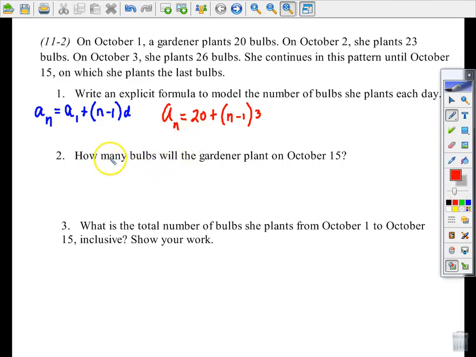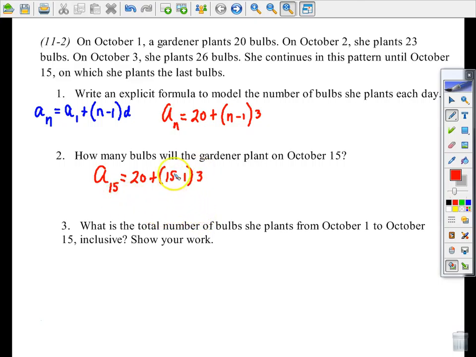And then number 2, we're going to get more specific. How many bulbs will she plant on the 15th? In this case, I'm going to let n in my formula become 15. A sub 15 is equal to 20 plus, and again n is 15, minus 1, times 3.